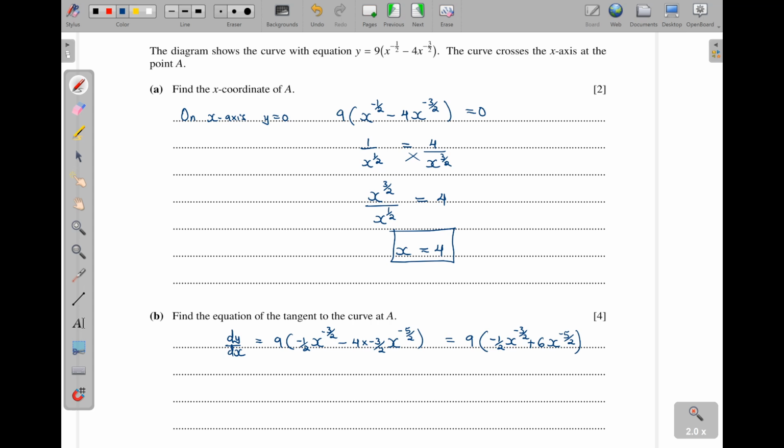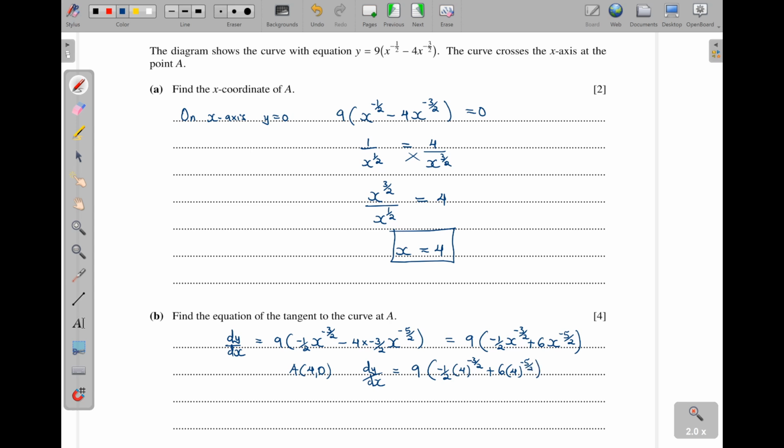Now, at point A, of course, we have (4, 0). That is x is 4, then y is 0. So dy/dx here is going to be equal to 9 into negative a half, then 4 to the power of negative 3 over 2, plus 6 into 4 to the power of negative 5 over 2.